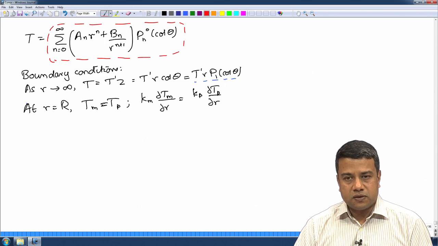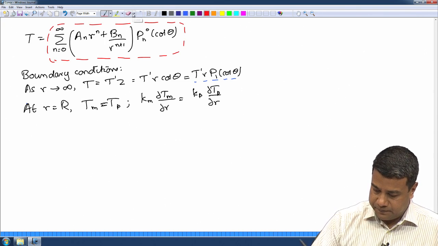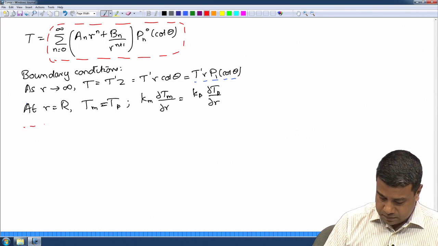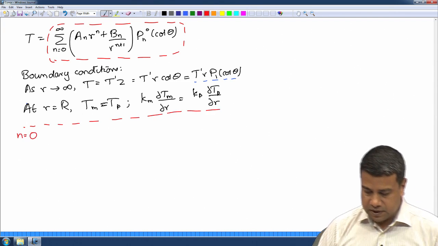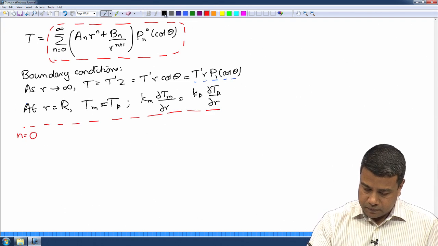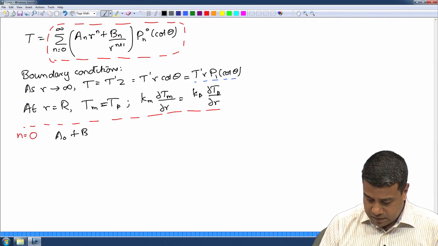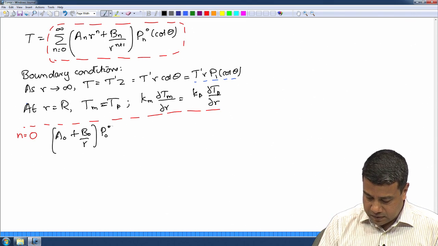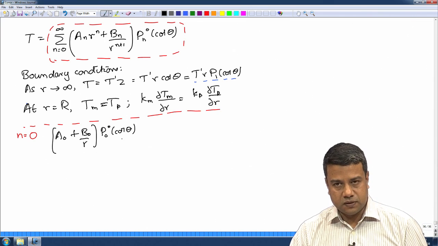If you look at the solutions for n is equal to 0, n is equal to 1 and so on, let us take first n is equal to 0. I have A0 plus B0 by r, into P00 of cos theta, as the solution.